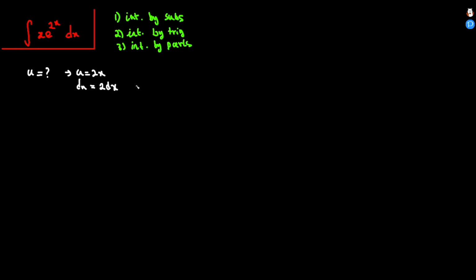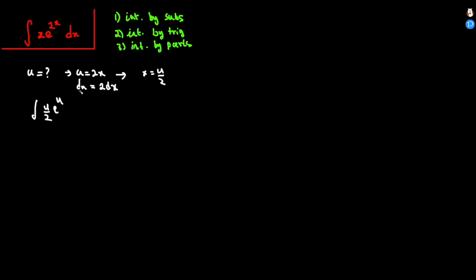Well, maybe we can try x equals u over 2. Okay, but does that really help us though? If we just plug this in, what do we get? We get the integral of u over 2 e to the u.